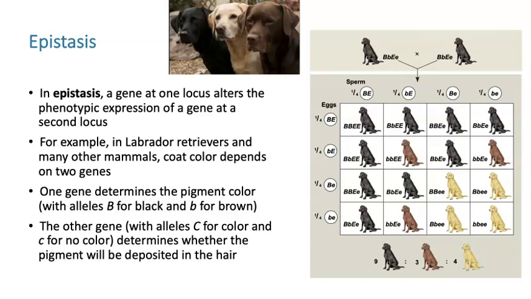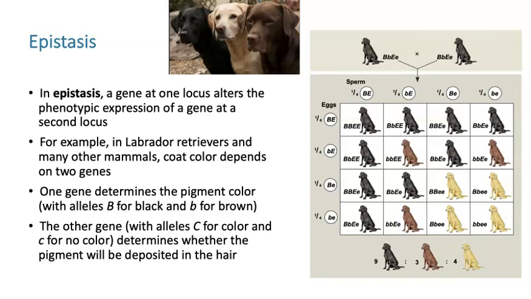Epistasis happens when a gene at one location, one locus, alters the expression of a gene at another locus. So Labrador Retriever coat colors, you might know there are black labs and yellow labs and chocolate labs, right? It actually takes 2 genes to determine coat color.